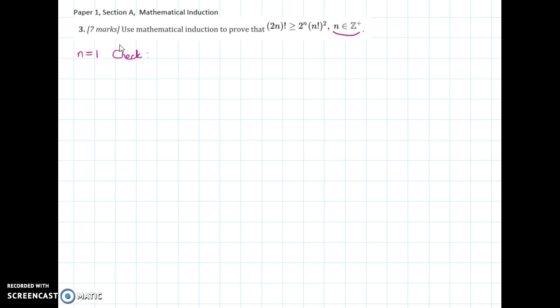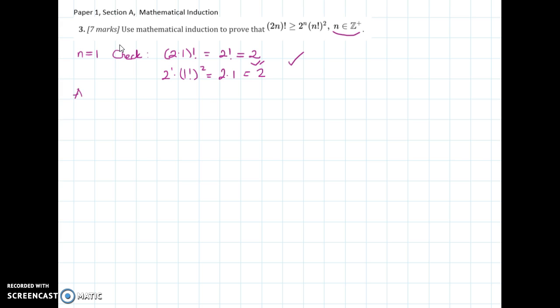In the left-hand side, we have (2 times 1)!, which is just 2!, which is just 2. On the other side, we have 2^1 times (1!)^2, so that's 2 times 1, which is 2. And yes, 2 is greater than or equal to 2, so the base case is true.